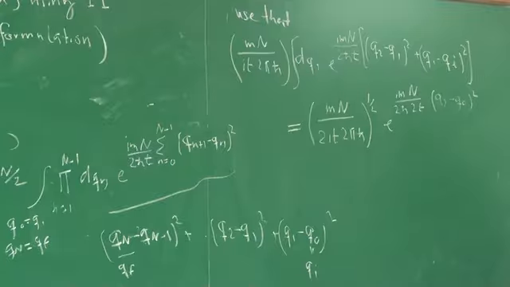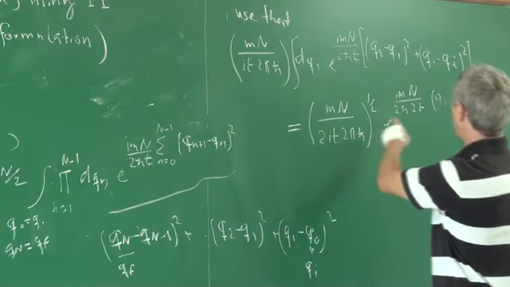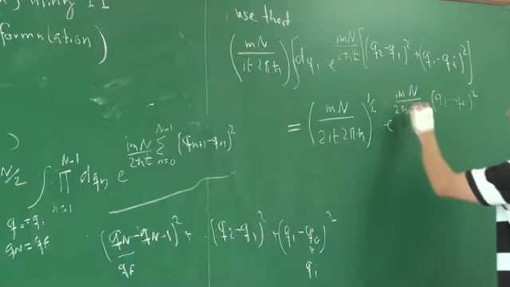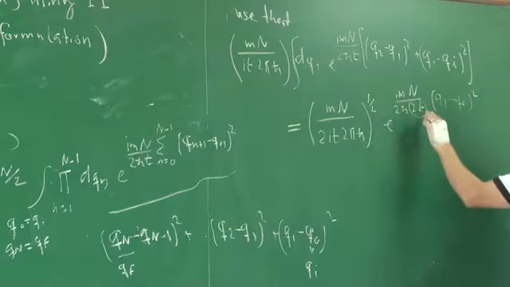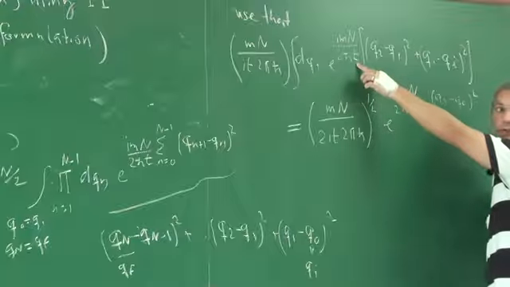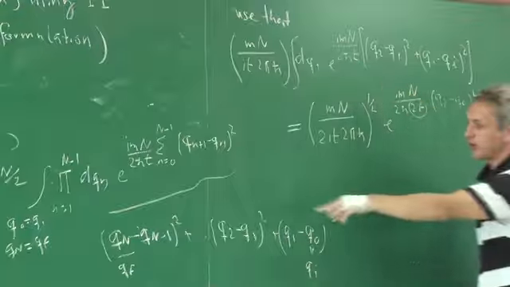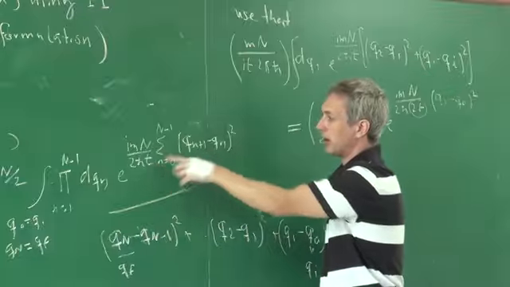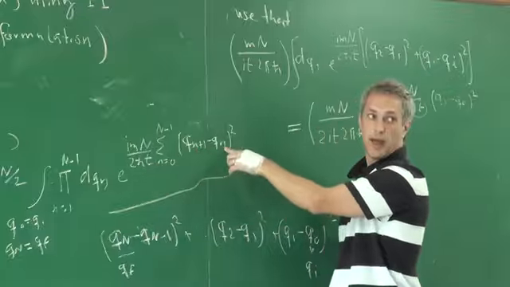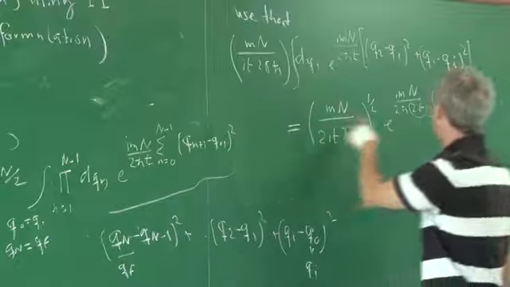This is just the result from the Gaussian integral, integrating over q1. But we see something interesting: if you compare this expression with this one here, there appears the time 2t instead of the time t. So all these contributions, qn plus 1 minus qn, appear with a t, and here with a 2t.